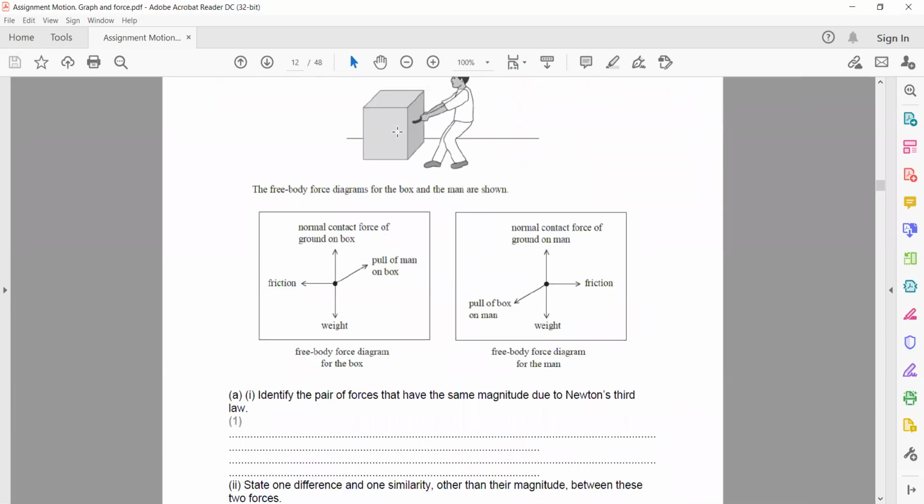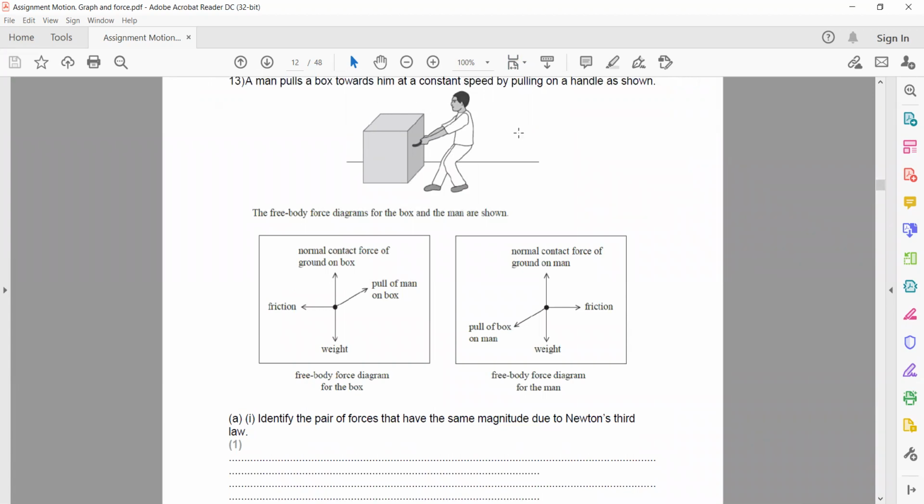In the question, identify the pair forces that have the same magnitude due to Newton's third law. So action and reaction forces are equal but opposite in direction. So you can see here that the pull of the man on the box will be the pair force for the pull of the box on the man.